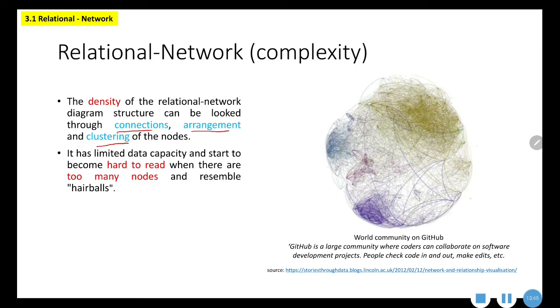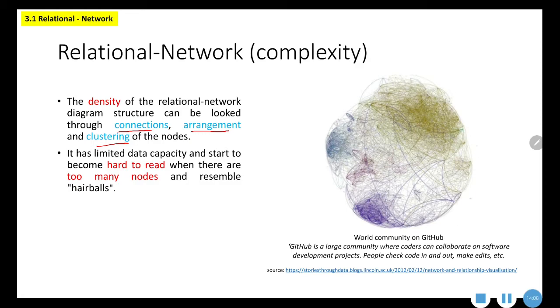This is an example of the world community on GitHub. So what is GitHub? GitHub is a large community where coders, computer scientists, computer programmers can collaborate on software development of projects. This shows the activity of people when they check code in and out and make edits. So it shows the connection.